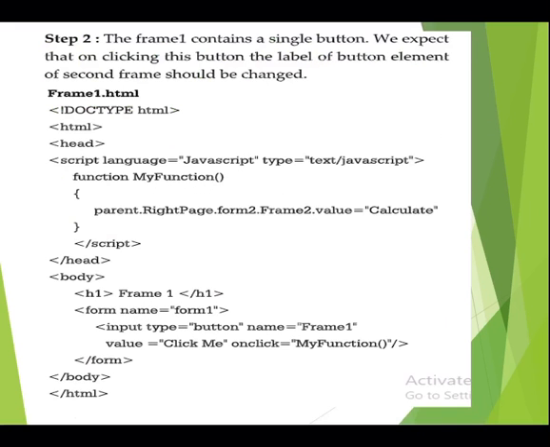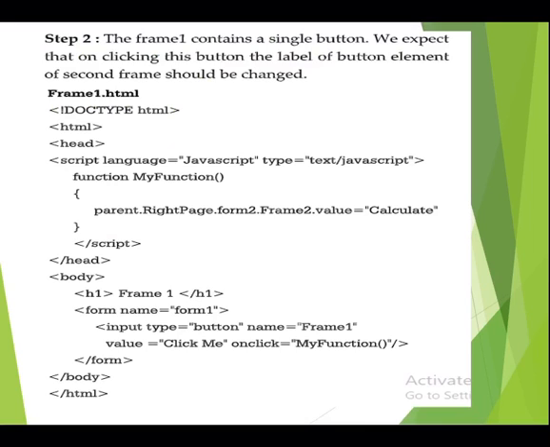Next, we are going to write the frame 1 code. Frame 1 contains a single button. We expect that on clicking this button, the label of the button element of the second frame should be changed. So from here we are going to change the label. HTML tag, head tag, script tag. Inside the script tag, we write a function to change the label of the button from the second frame.